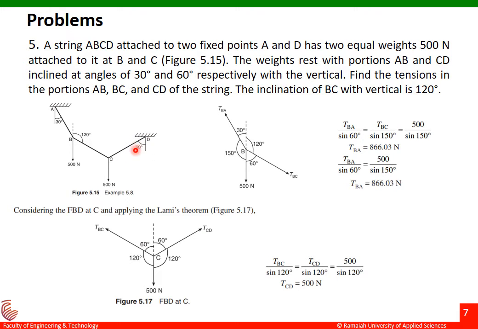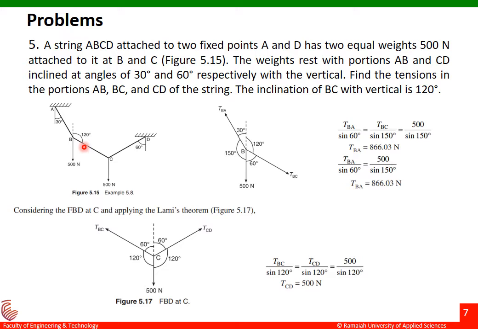What we have to find out is the tension in AB, BC and then CD there. And one more data is given here, that is the inclination of BC with respect to the vertical is 120 degrees. So at point B you can see the inclination of BC with respect to the vertical is 120 degrees over here. Now this is my given question.